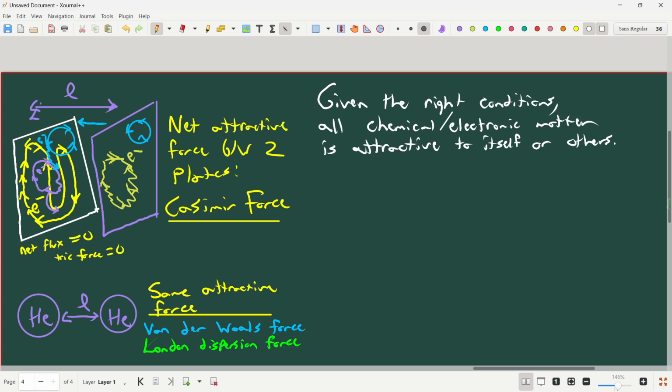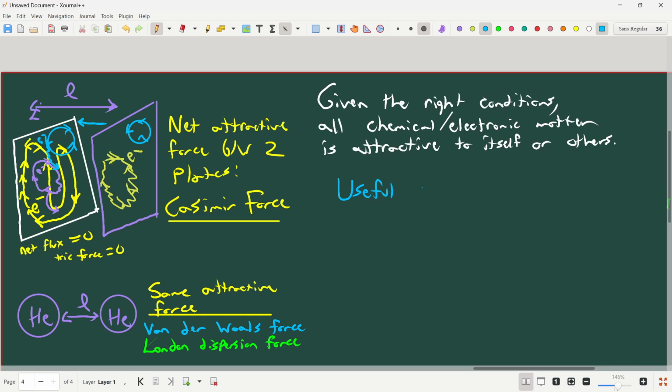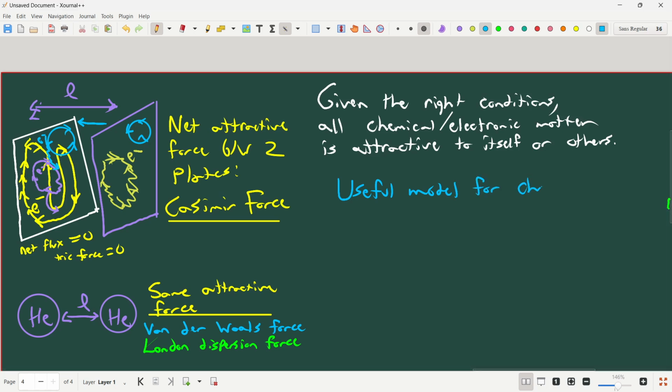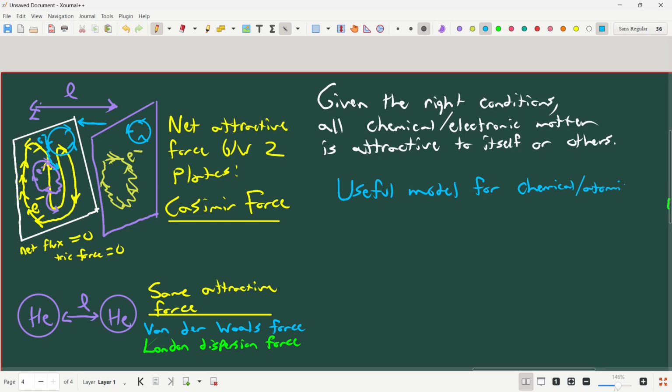I want to show you an interesting model of how we model these van der Waals attractions in chemistry. So we have a useful model for chemical or atomic van der Waals attractions.